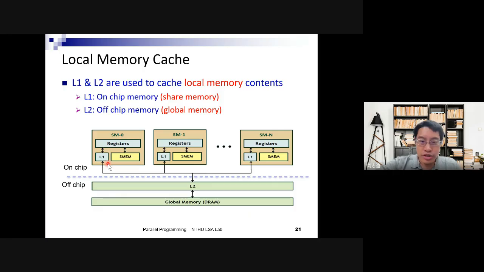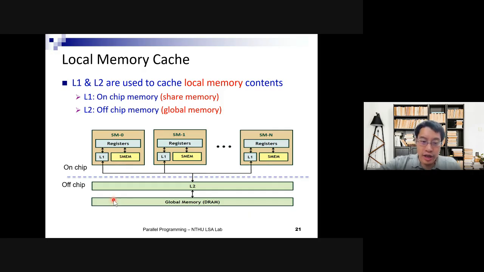Usually the L1 cache for local variables is stored on the stream processor, so it could have performance close to shared memory or registers, but only when it is cached.